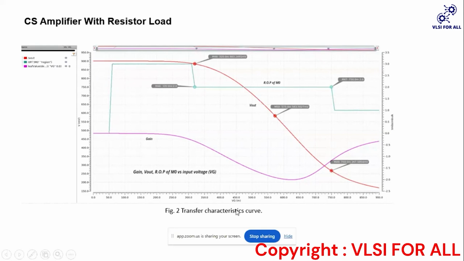And as we increase the input voltage, our output will start to decrease. Between the voltage 320 millivolt to 750 millivolt, our MOSFET is in saturation region. In this voltage region, we are going to use this structure as an amplifier, because for the device to be used as an amplifier, it should be in saturation region.